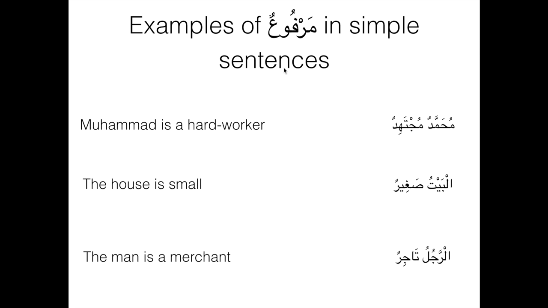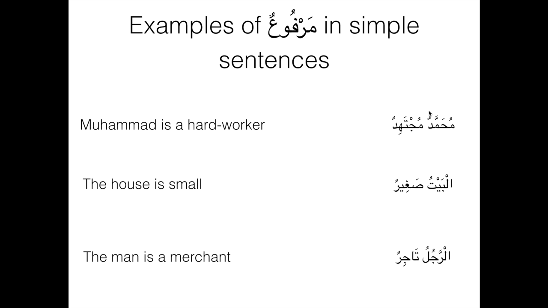Examples of marfu' in simple sentences. We have the sentence Muhammadun mujtahidun. Muhammad is a hard worker. Muhammad is the subject over here. We're speaking about who? Muhammad. We begin with the subject Muhammadun, and we're giving new information about him. We say he is mujtahid.